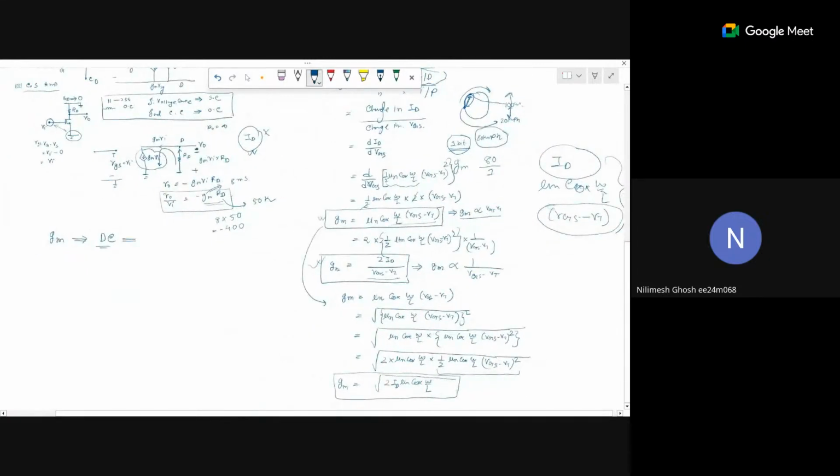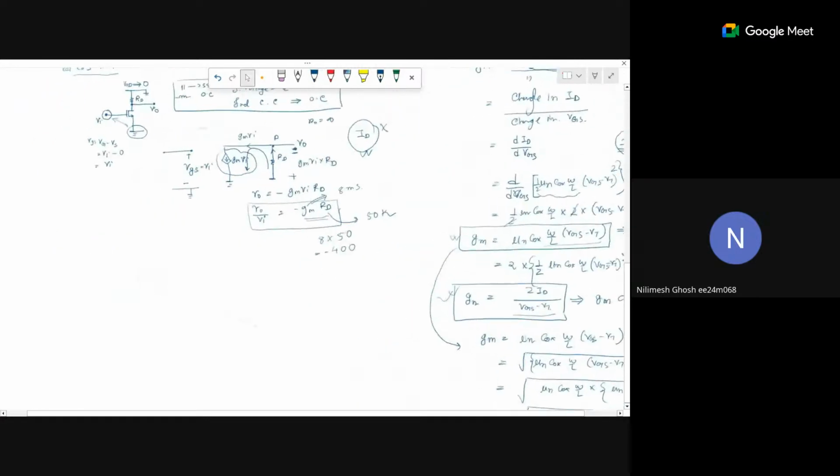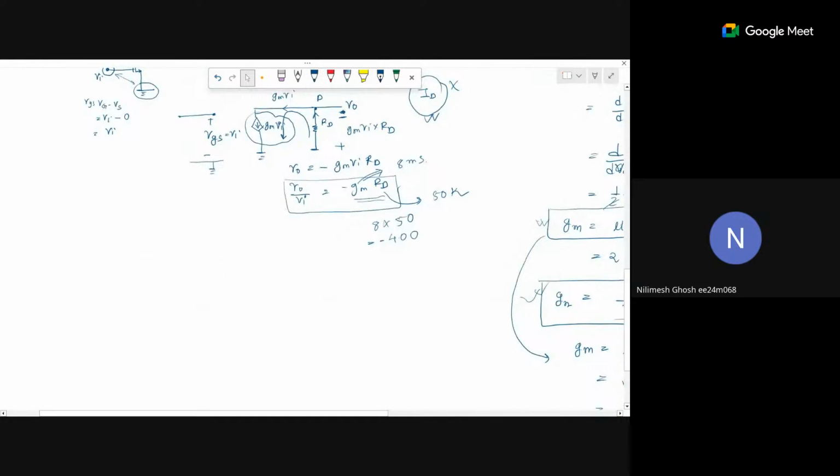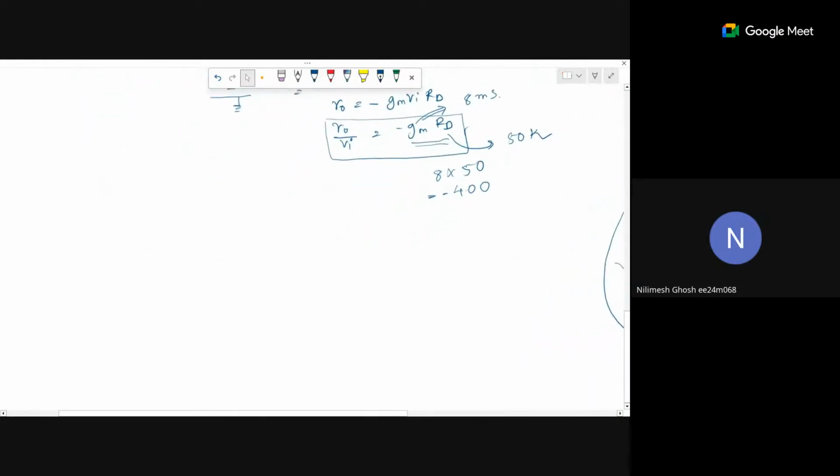So what is the procedure of analysis? What should be the path of analysis? First, you need to do the DC analysis. After doing the DC analysis, you get ID, VGS minus VT, these kinds of things.